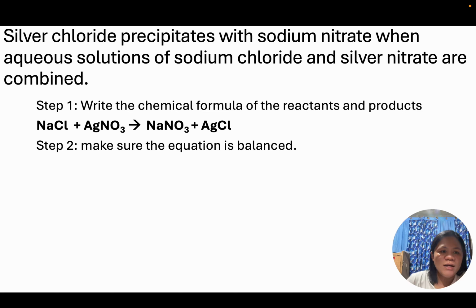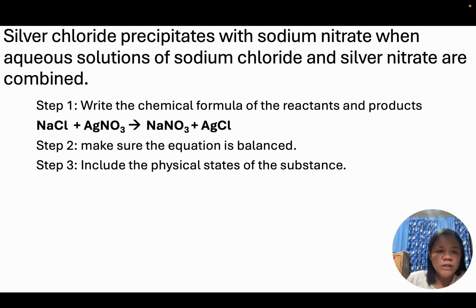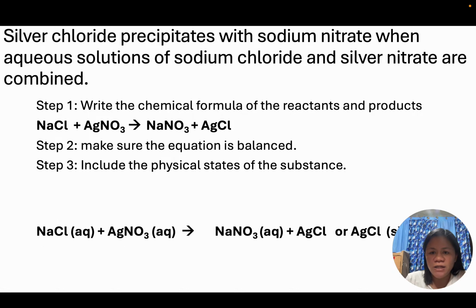So, sa kabila, we have sodium 1, chlorine is 1, silver is 1, nitrogen is 1, oxygen is 3. So, it is balanced. So, we have to include the physical states of the substance in writing the equation.